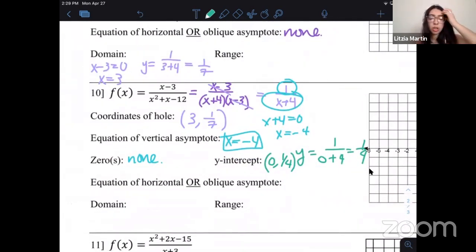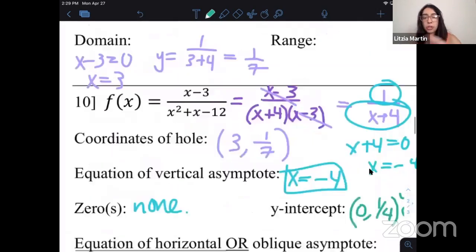Lastly, determining if there's a horizontal or oblique asymptote. So we've got to do our tests, right? The 3 tests. Is it top heavy, bottom heavy, or same degree? Either way, if we look at the simplified or if we look at the original, it's a bottom heavy function.